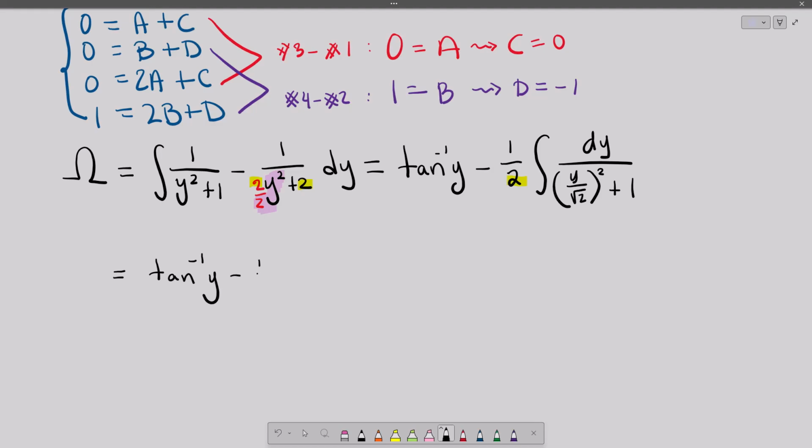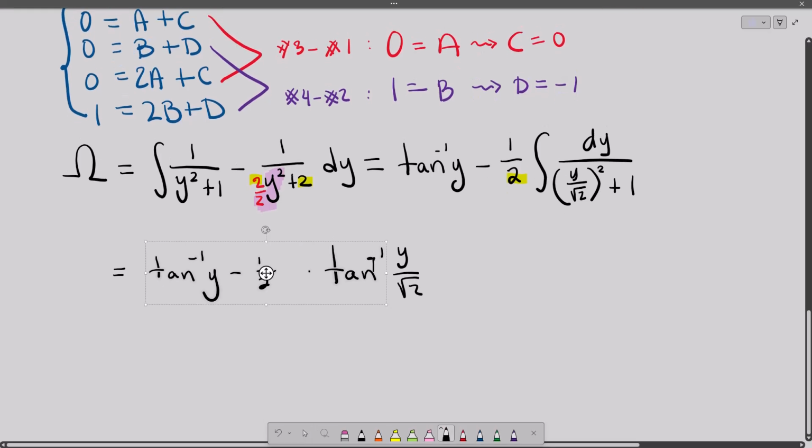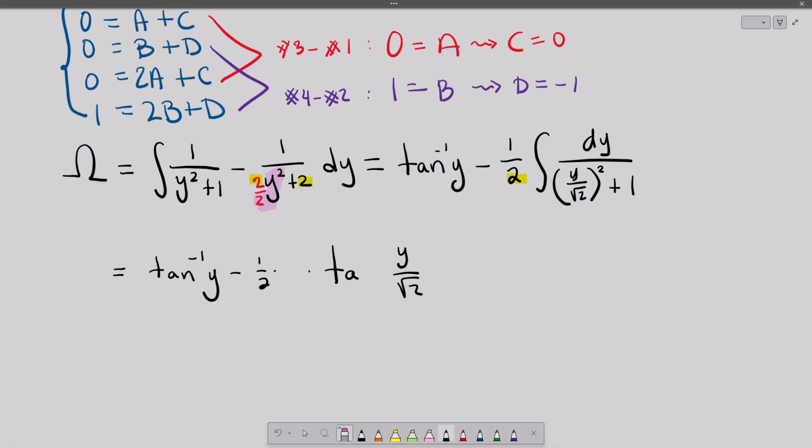So negative 1/2, space for RCR, the RCR gap. And what goes in our RCR gap? We're going to multiply by the reciprocal of the derivative. The derivative of this is 1 divided by root 2.